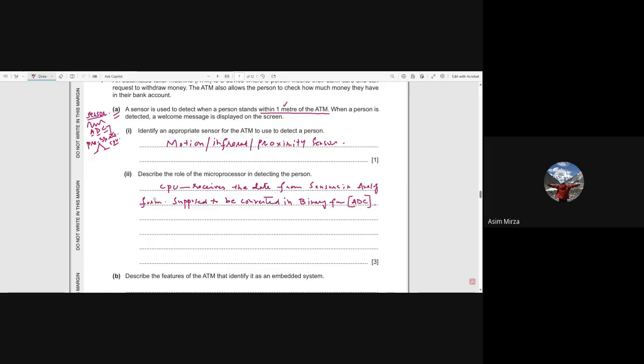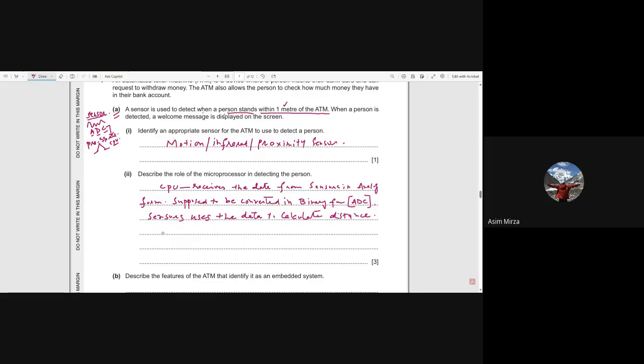Now, infrared sensor. If you can notice this, a sensor is used to detect when a person stands within 1 meter of the ATM. Now the sensor uses the data to calculate distance, right?